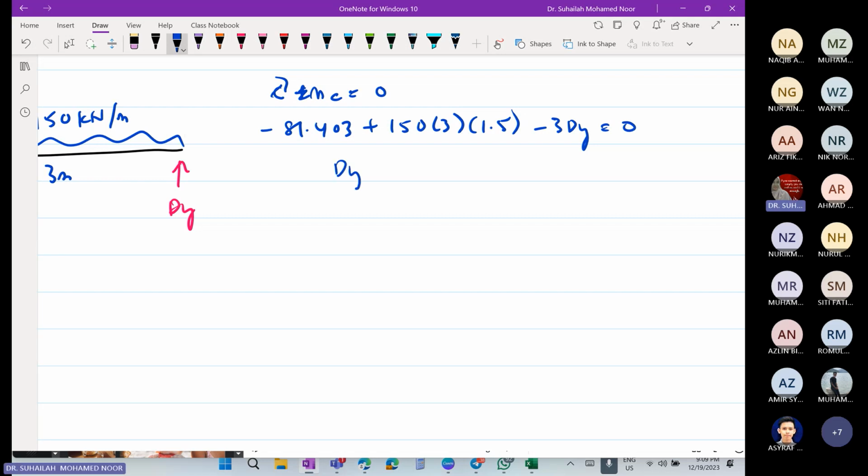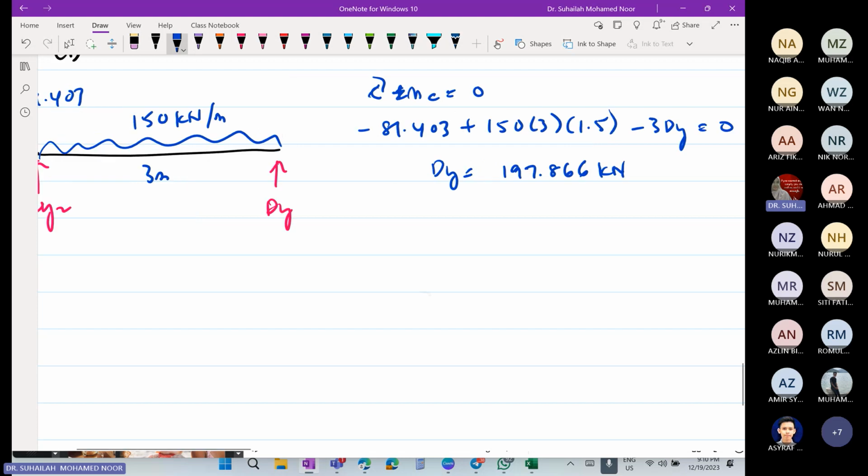So dy we get 150 times 3 times 1.5, minus 81.403, divided by 3. That is 197.866 kilonewton. This is dy.